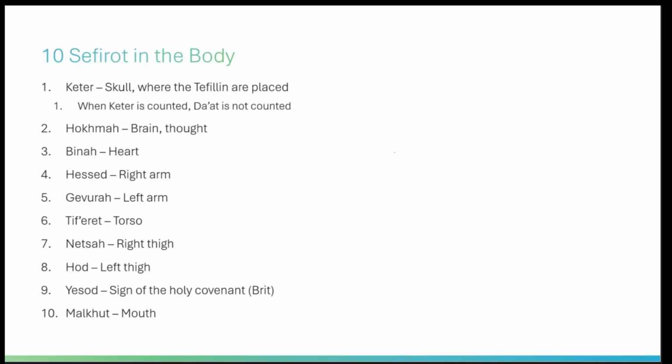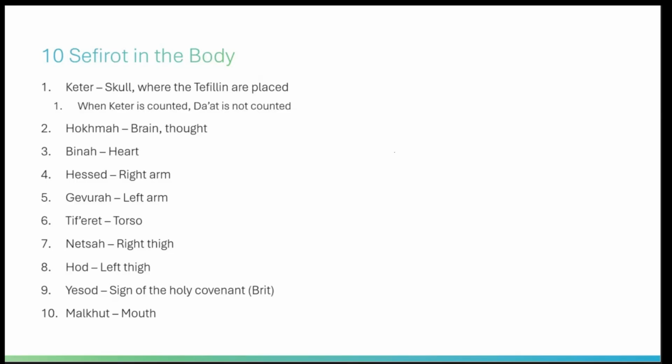That is not mentioned in that passage. And again, because when Keter is counted, that was not counted. The explanation for that is a pretty esoteric explanation, and I don't know if we need to get into it now. It's not really discussed that much, I think, in Tanya, but it's found in other Chabad writings.